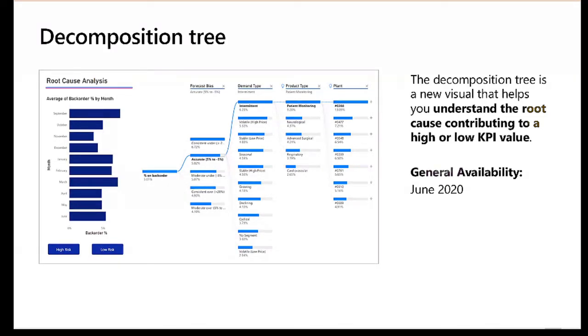The first choice is that you can select the dimension you want to break down the KPI. The second choice lets Power BI automatically find the most interesting split and conduct the root cause analysis for you. So this is the most requested feature in the Power BI user group.